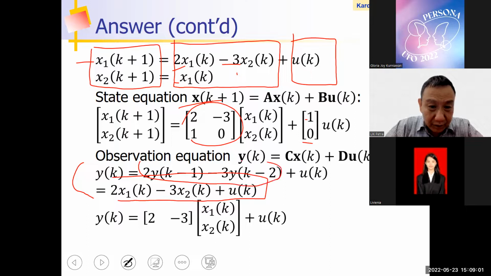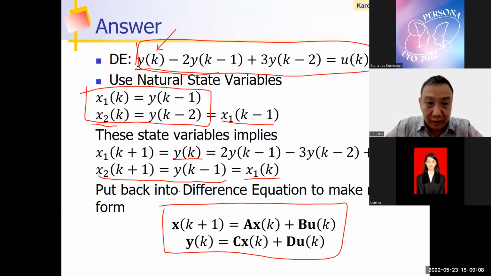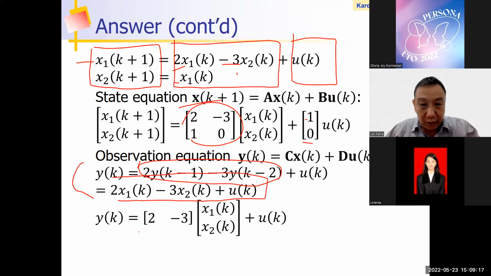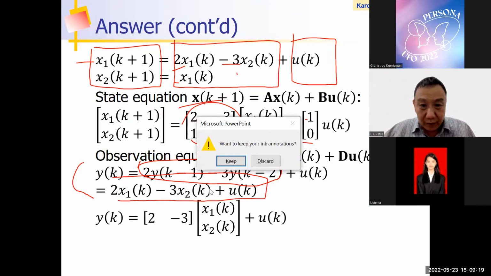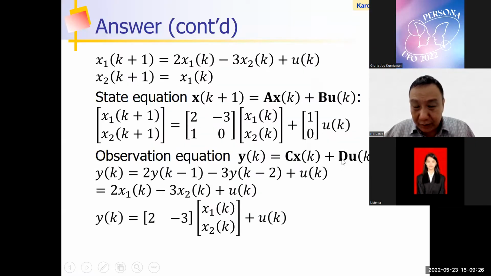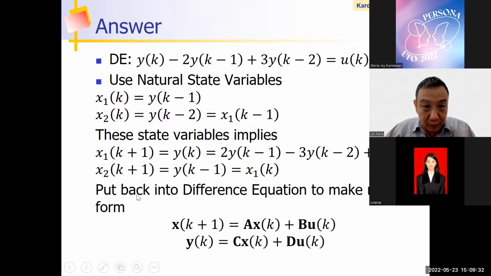Remember this, 2yk minus 1, we already have it earlier. Can you see this? So that means we can put it back into the form of Cx plus Du. So I can get that.